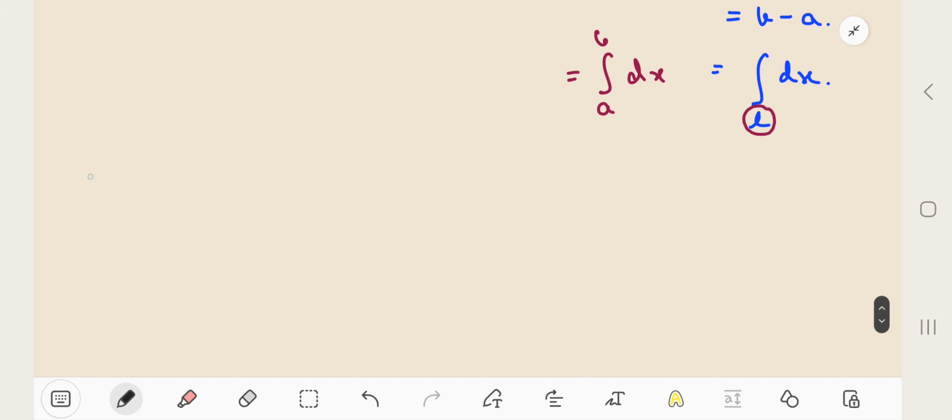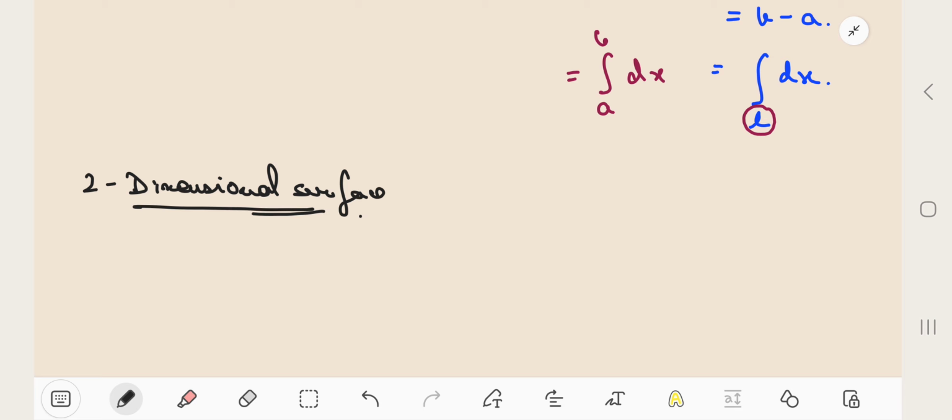Now let us move on to the two-dimensional plane. Whenever we study any concept of area, the volume analog, which is quite intuitive as well, is just the area enclosed.